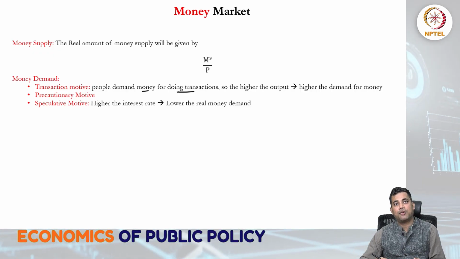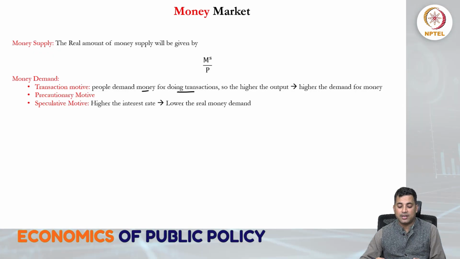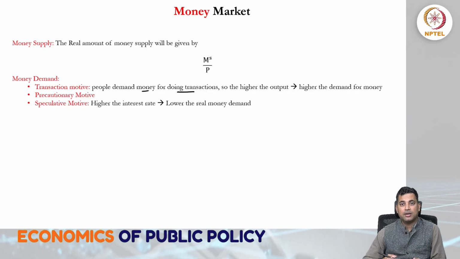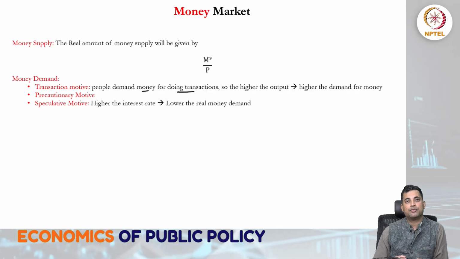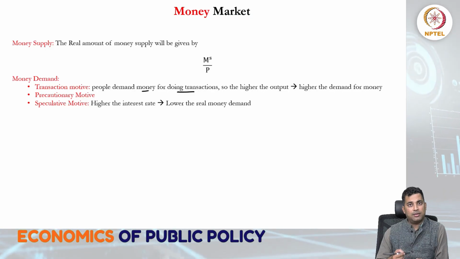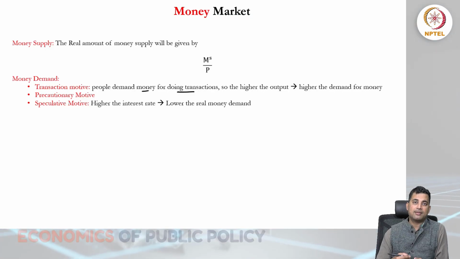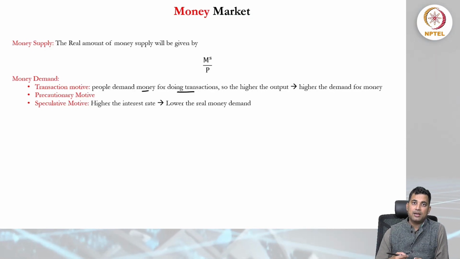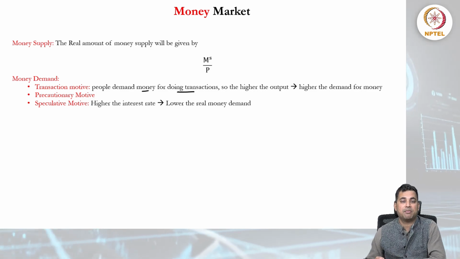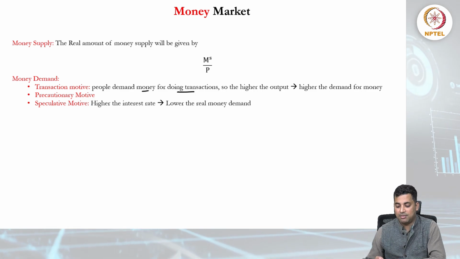If there is a demand for more goods and services, then obviously demand for money also will increase, so the higher output. So by the same logic, when transactions reduce, then demand for money also will reduce. So this is a proportionate relationship between transactions and money demand.